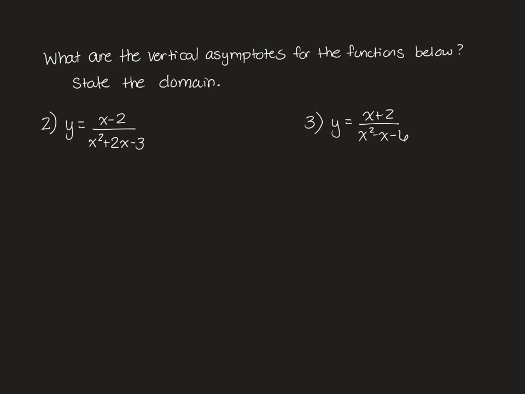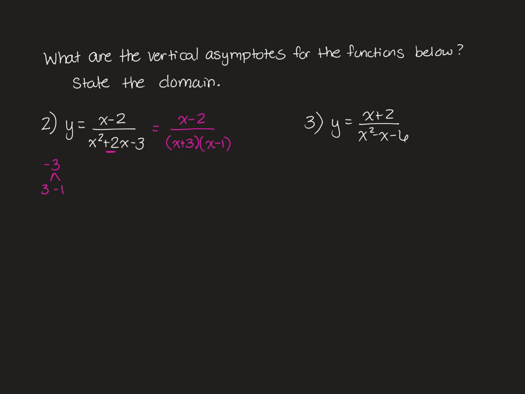State the domain. So in number 2 here, our denominator is not factored, so we have to factor it. I need two numbers that will multiply to negative 3, but add to 2. My numbers are going to be 3 and negative 1. So this will be x minus 2 over x plus 3 times x minus 1. Now, does anything cancel?